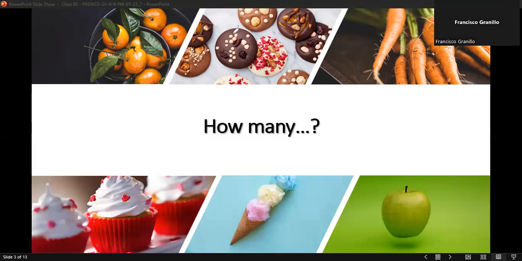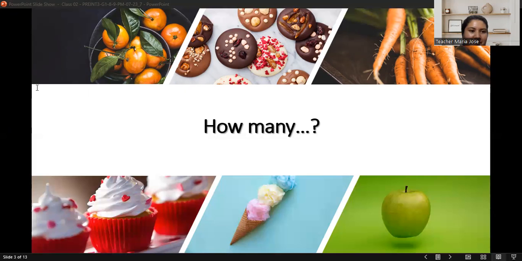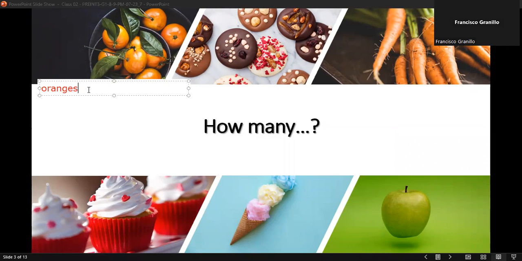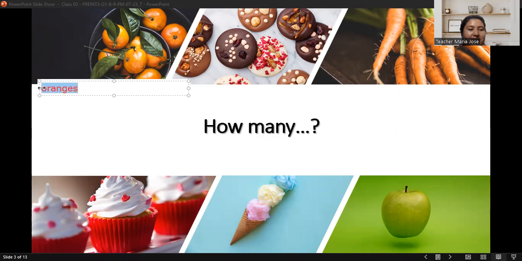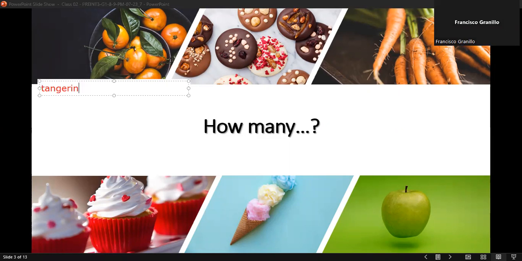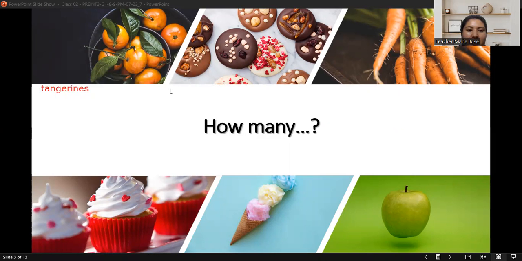Another possibility? Okay, let's say that they are oranges, so we can continue. Tangerine. Tangerines, okay, Tangerine. Yes, excellent. Okay, what about the picture number 2?